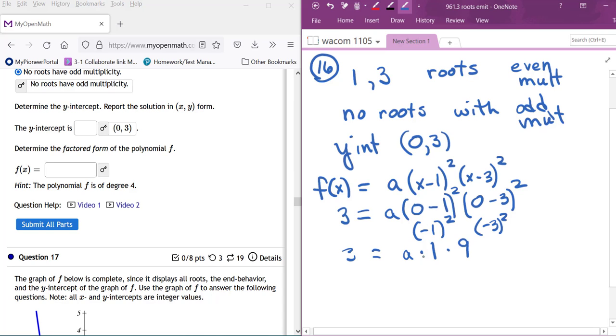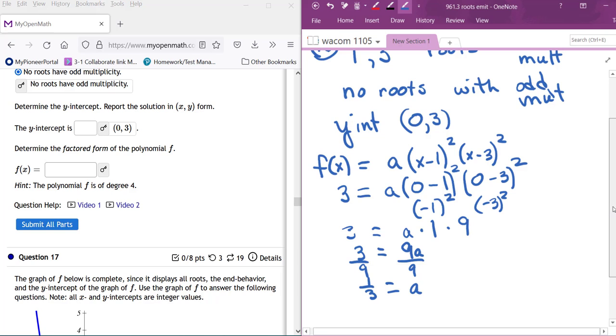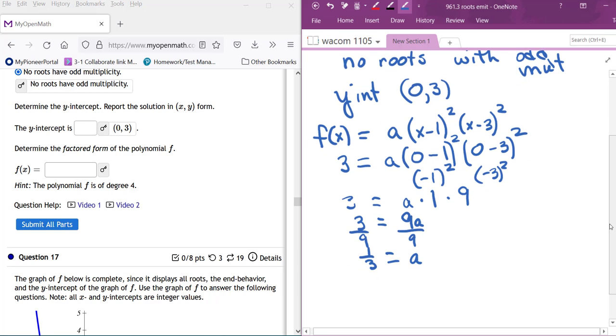And so we have 1 times 9 is 9. So we have 9a equals 3. Divide by 9. And we can reduce. So our a equals 1/3. And now we can put our function together.